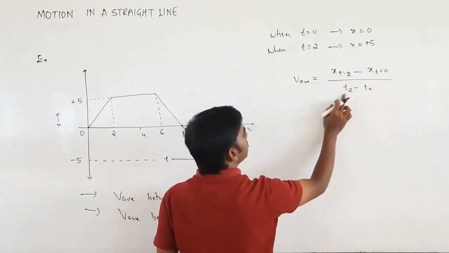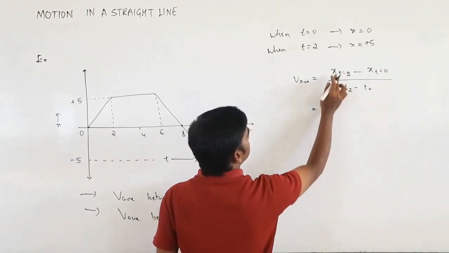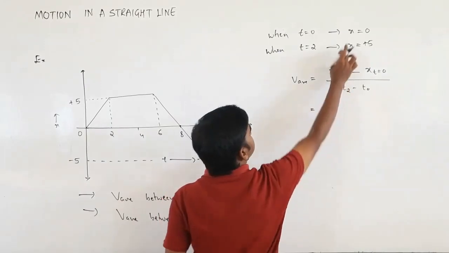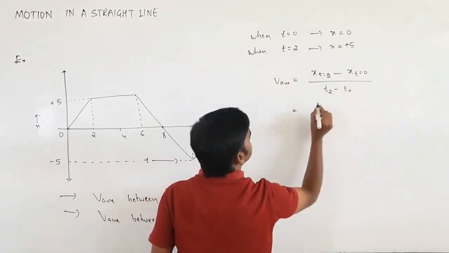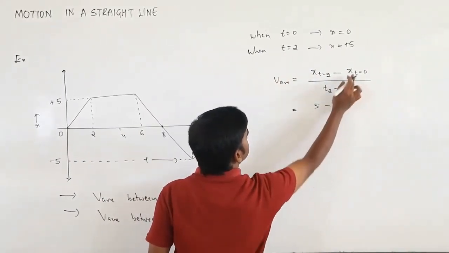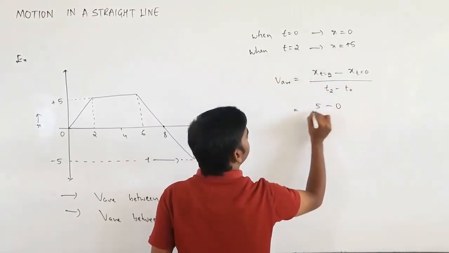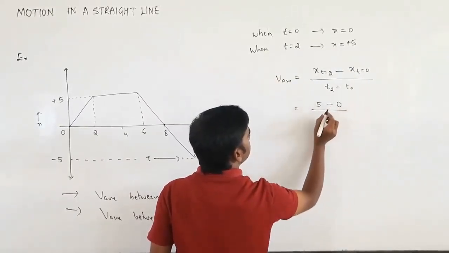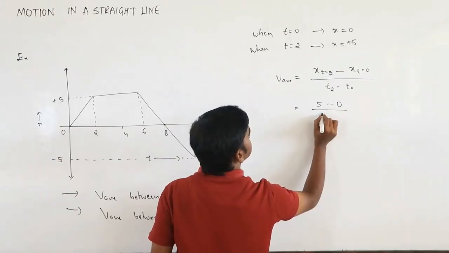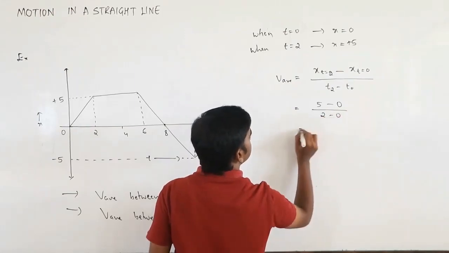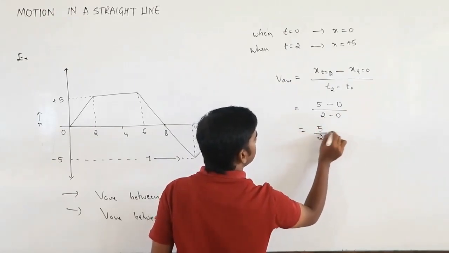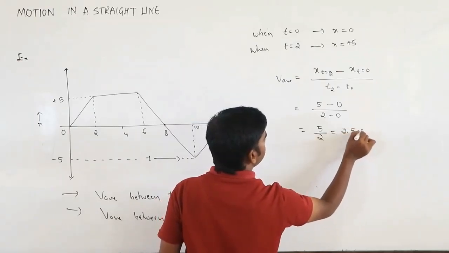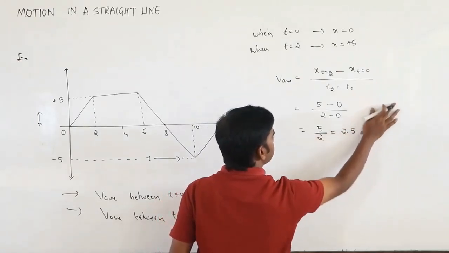Okay, t equals 2 seconds, t equals 0. So x when t is 2 seconds is plus 5, minus x is 0, divided by 2 minus 0. So this will become 5 by 2, that is 2.5 meter per second.